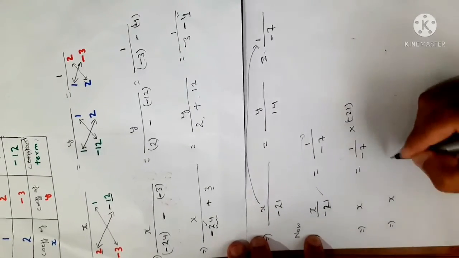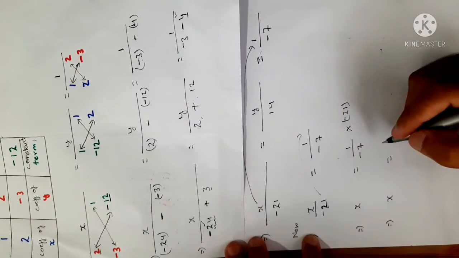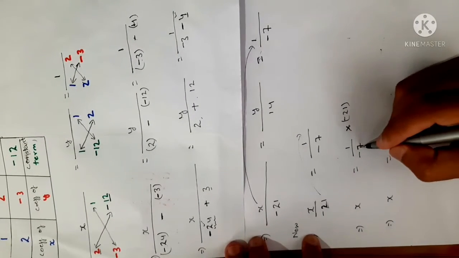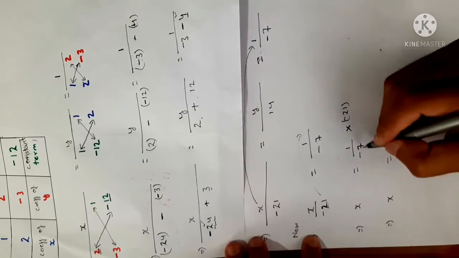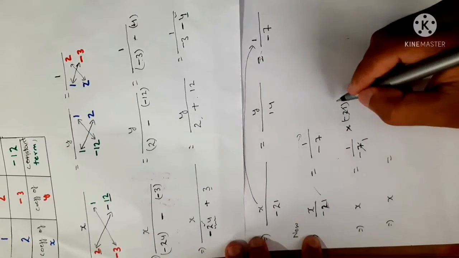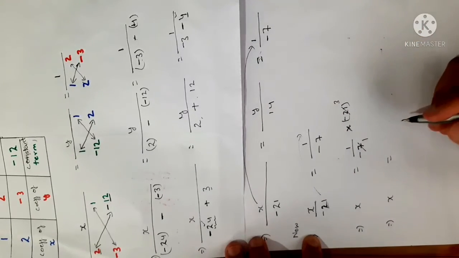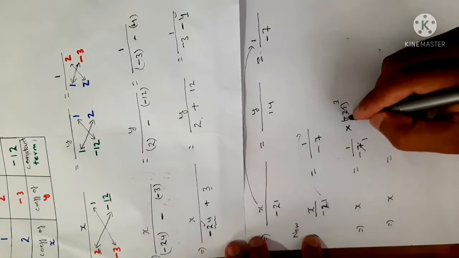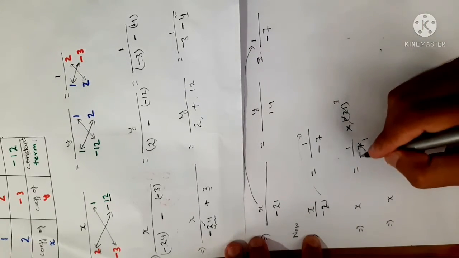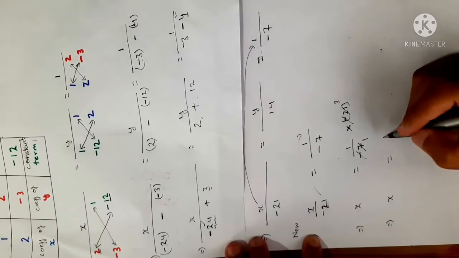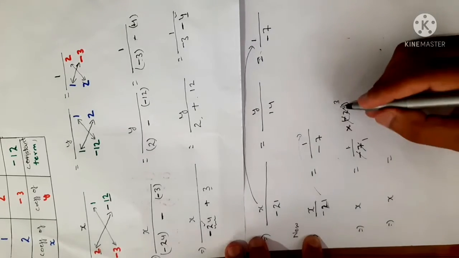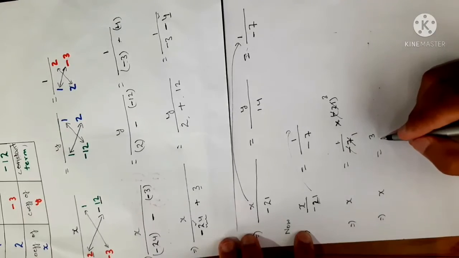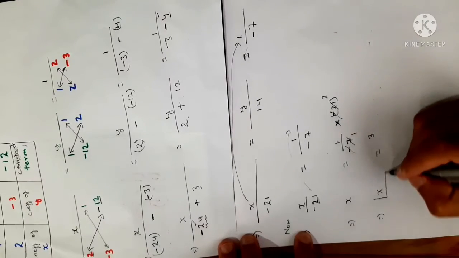Here we can cancel 7 and 21. 7 ones are 7, 7 threes are 21. Also, this is minus and this is also minus, so we cancel them out. Hence we get 3 by 1, or 3. So this is the value of x.